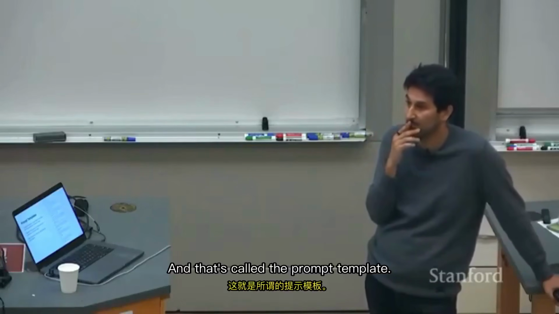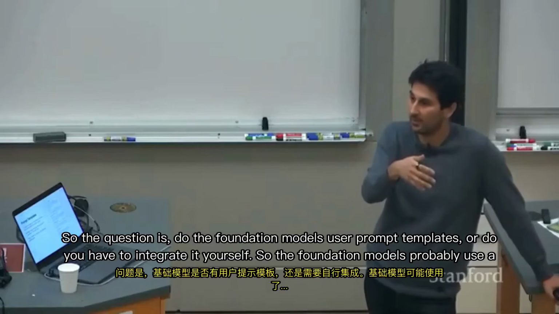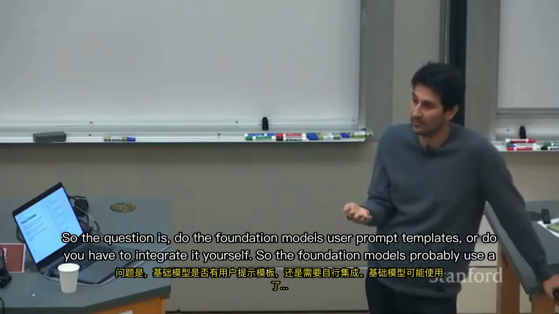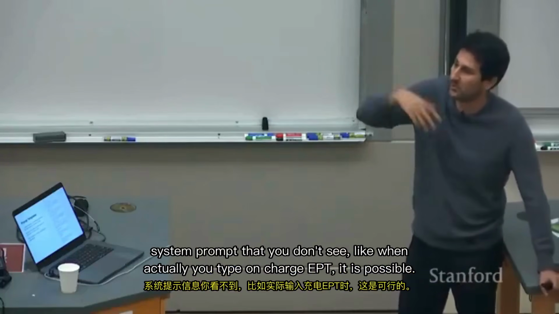Usually foundation models don't use prompt templates, so it's something you have to integrate yourself. So, the question is, do the foundation models use a prompt template, or do you have to integrate it yourself? The foundation models probably use a system prompt that you don't see.